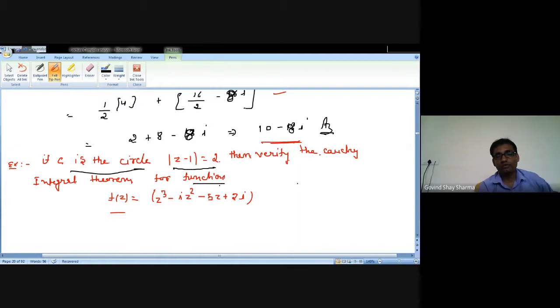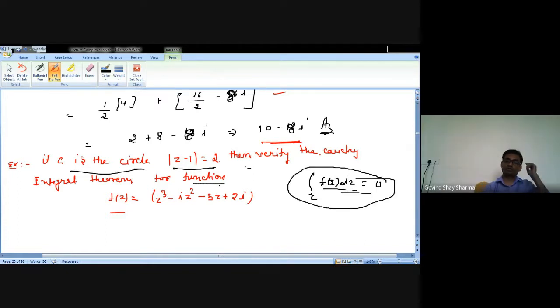I told you the Cauchy integration theorem is a closed path statement: the integral of f(z) dz is equal to 0 for a closed curve. So here we will verify this, since this is a closed path.